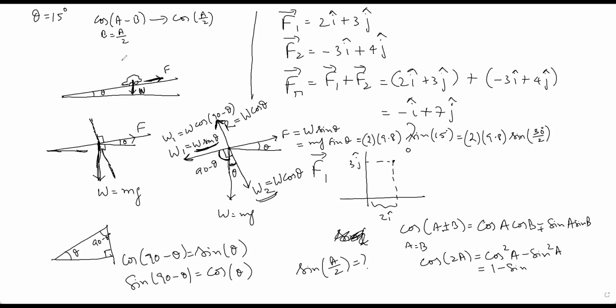But this is not going to help on the other side. Do you remember the sine A by 2? Sine A by 2 is plus or minus root of (1 minus cos A) by 2.